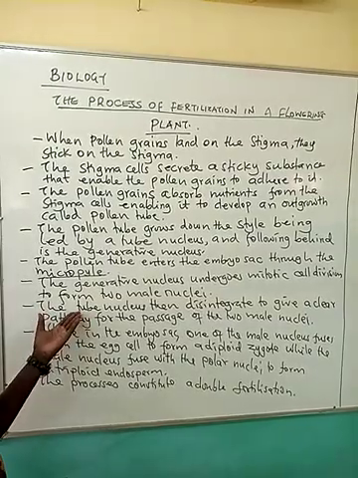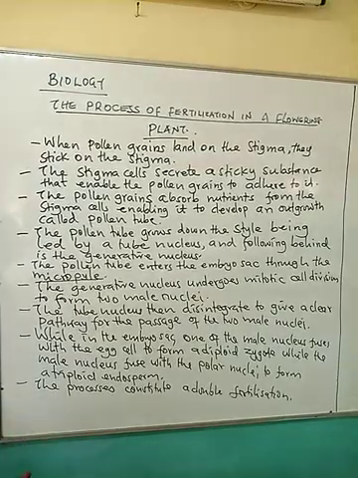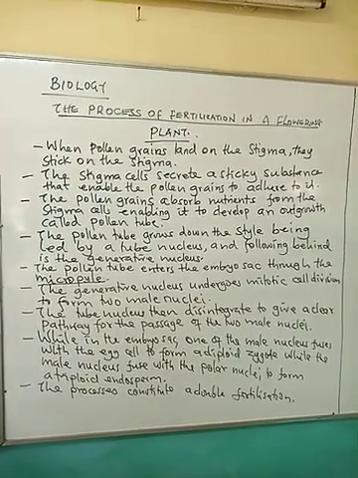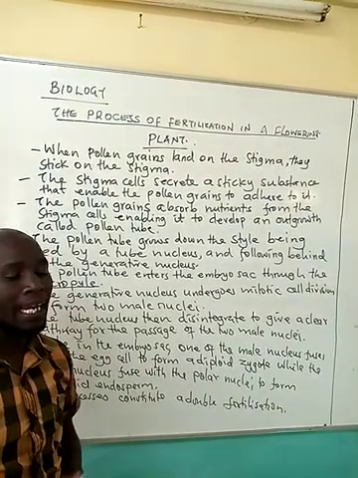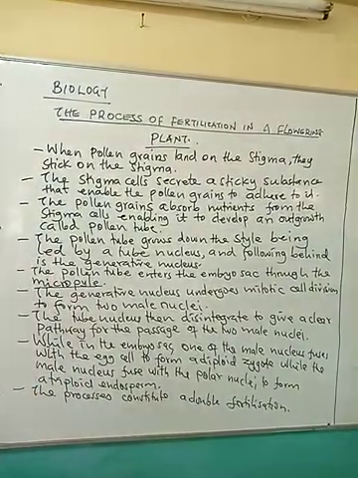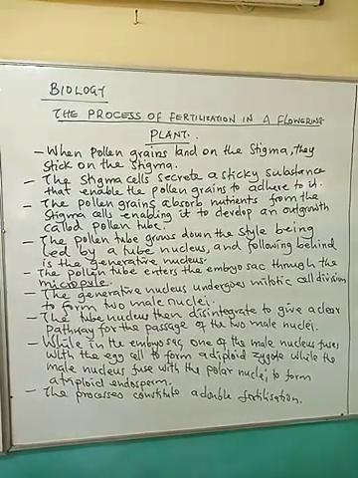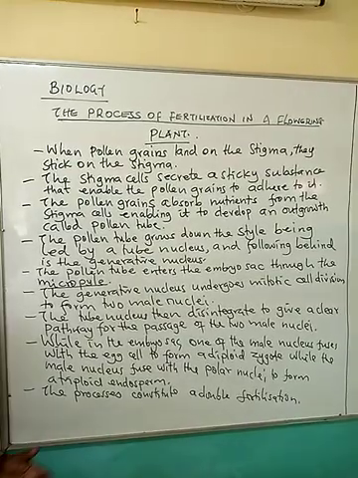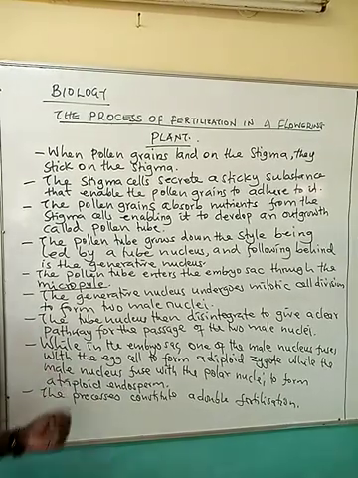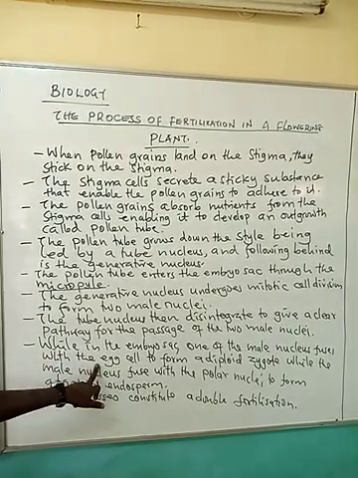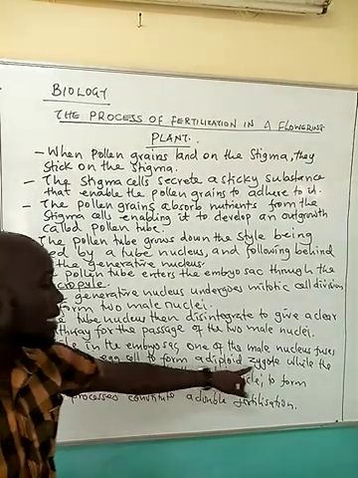The reason why the tube nucleus disintegrates, or breaks down, is important because it gives a clear pathway for the passage of the two male nuclei that have been formed. While in the embryo sac, one of the male nuclei fuses with the egg cell to form a diploid zygote.